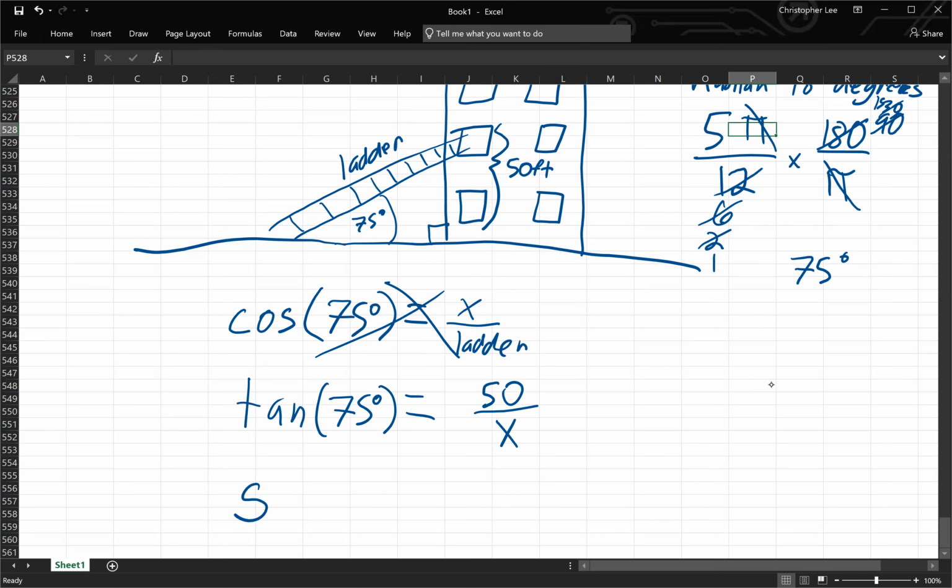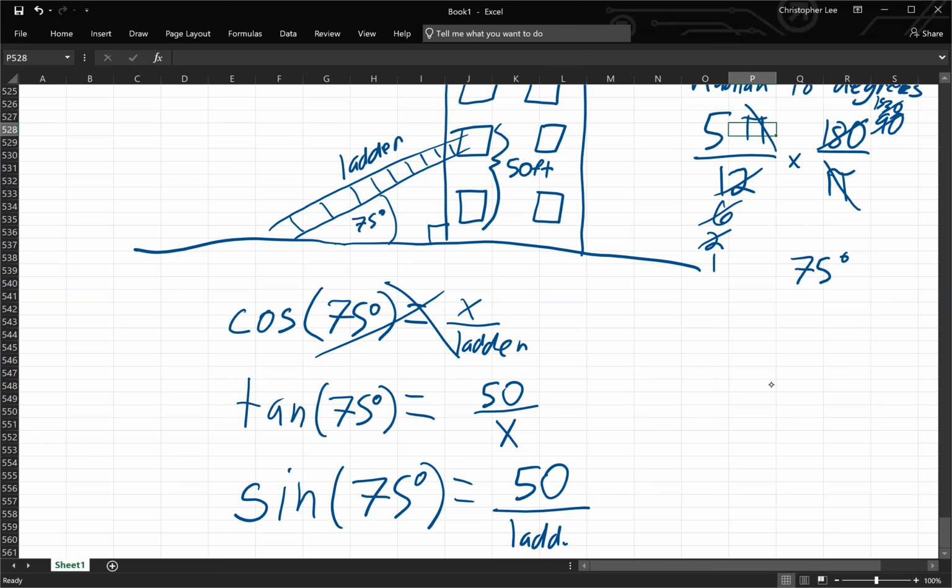Sine, now we're talking, right? So sine of 75 degrees is equal to what? Not 75. 50 over what? Over ladder.